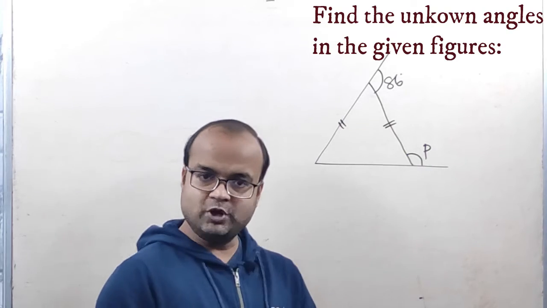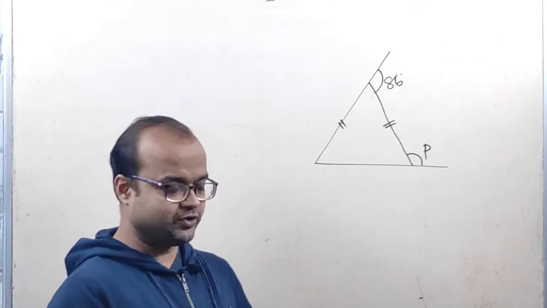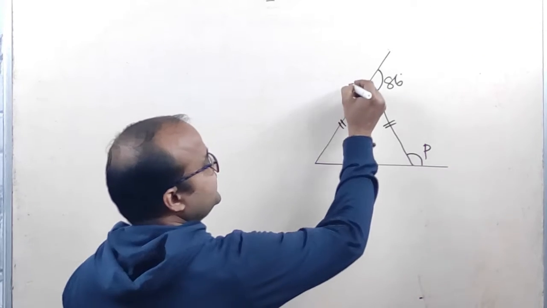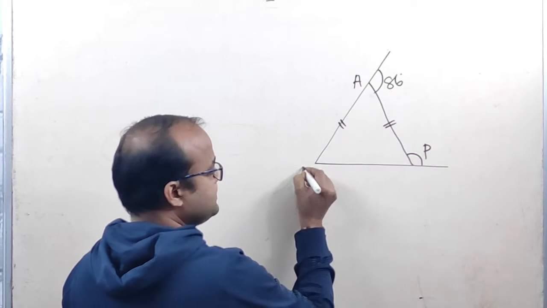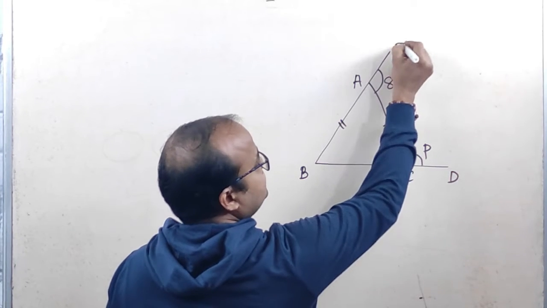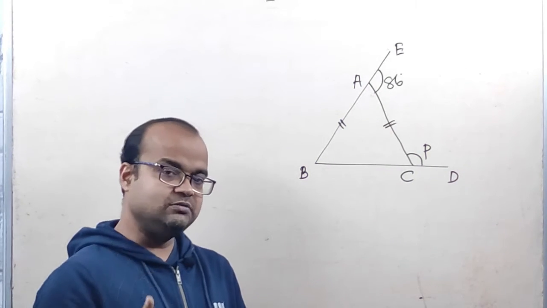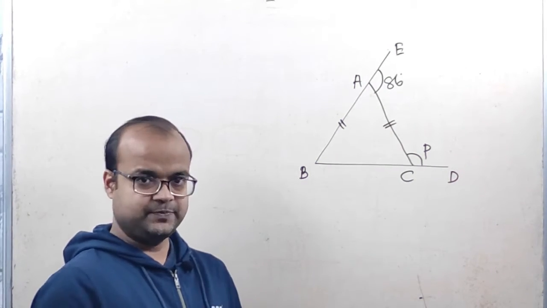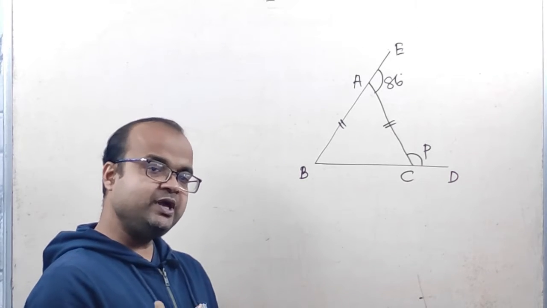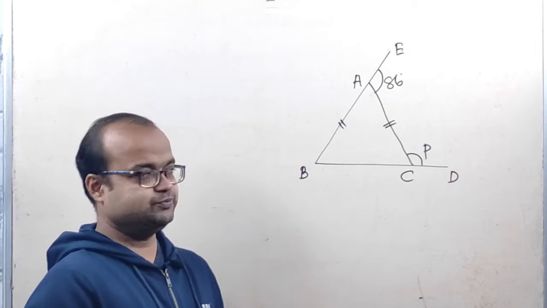So in step 1, the diagram is given to you. First name the vertices. So we named it as A, B, C, D and E. Now this problem can be solved in two different ways. I am solving one of the ways and I will explain the other way to solve this problem.